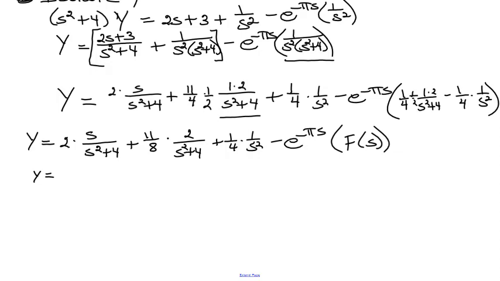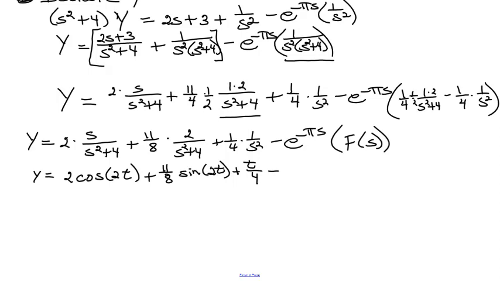Cap Y is a function of s. So little y is going to be 2 times the cosine of bt, which is 2t, not 2s. It's a function of t, plus 11/8 times the sine of 2t, plus 1/4 times t, or we could call it just t over 4. Let me rewrite it that way. 1/4 times t is the same as t over 4.